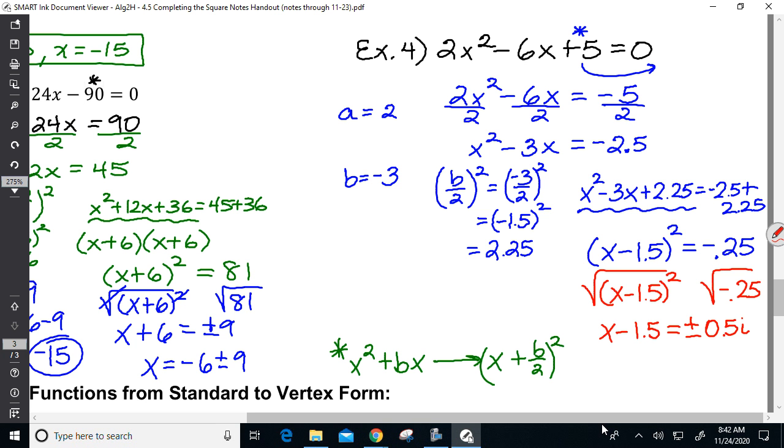For those of you with graphing calculators, I'll make sure to show in the video how to change your calculator into that format so that it will produce an i for you. Add 1.5 to both sides. So that gives you x equals 1.5 plus or minus 0.5 i.